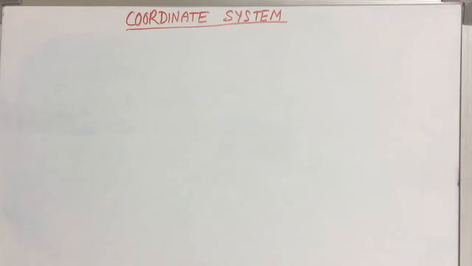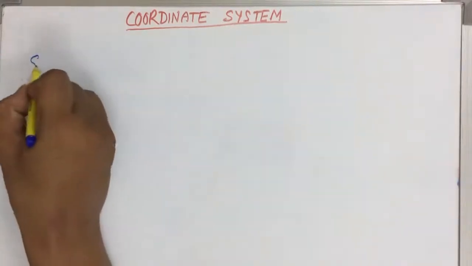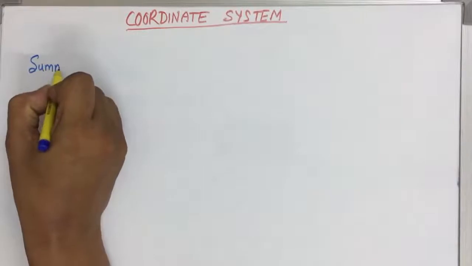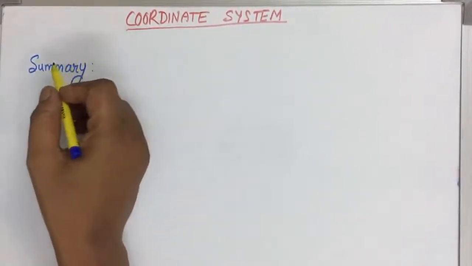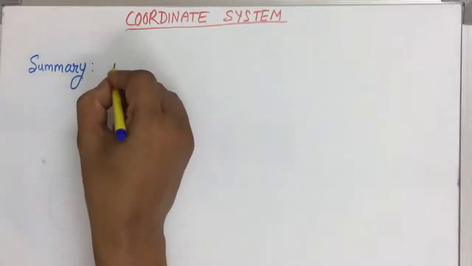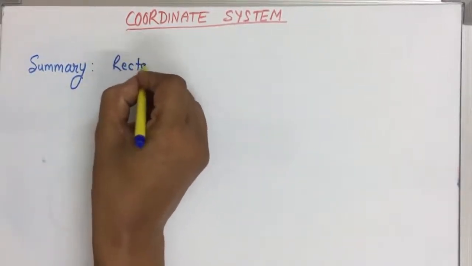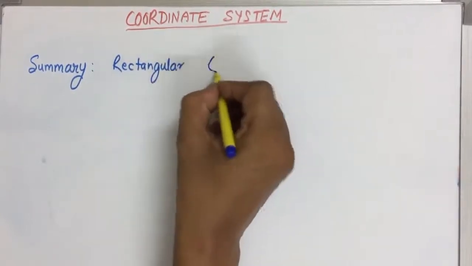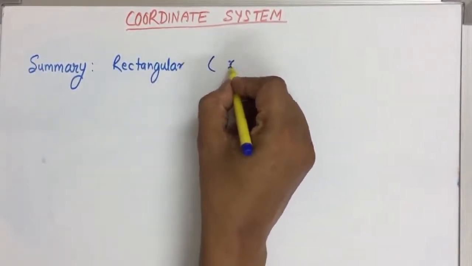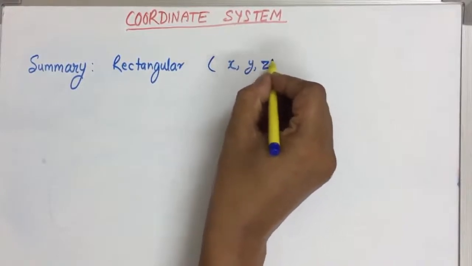Now let's summarize our discussion. The first thing that we discussed was the rectangular coordinate system, in which the coordinates were x, y and z.